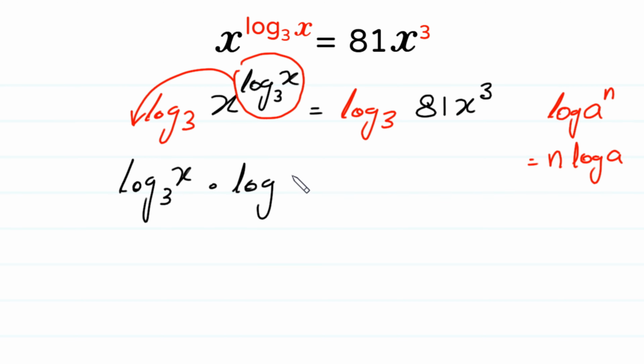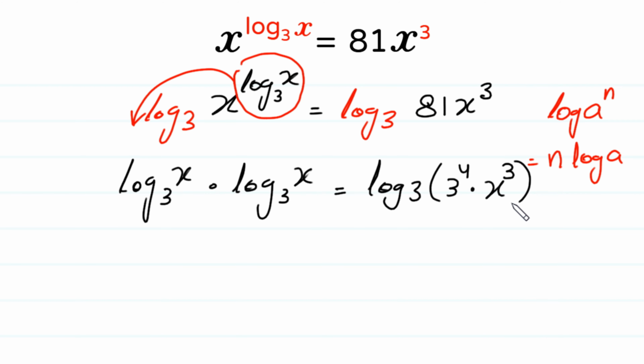Log of x to the base 3 is equal to log to the base 3 of this 81, which can be written as 3 to the power 4 times x to the power 3.